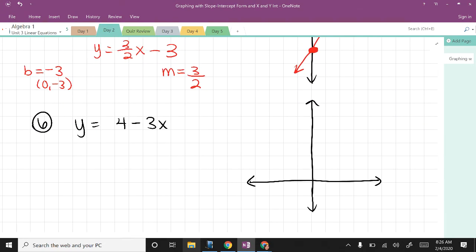Look at number 6. Okay. It kind of looks like slope-intercept form because it says y equals, right? Well, what's wrong with it? They're just reversed, aren't they? Okay, so we don't have to resolve or anything. All I have to do is swap places. Because the x part goes in the front because that's where the slope is, right?